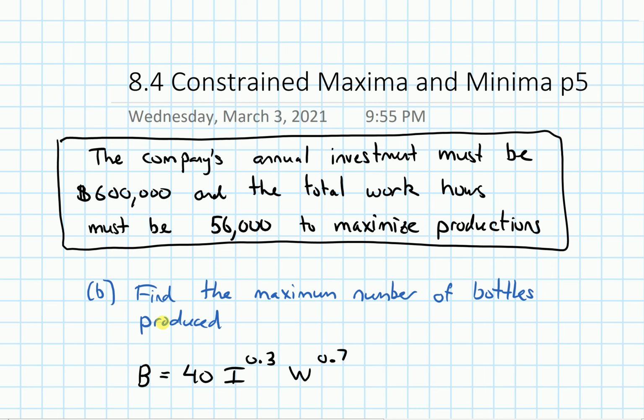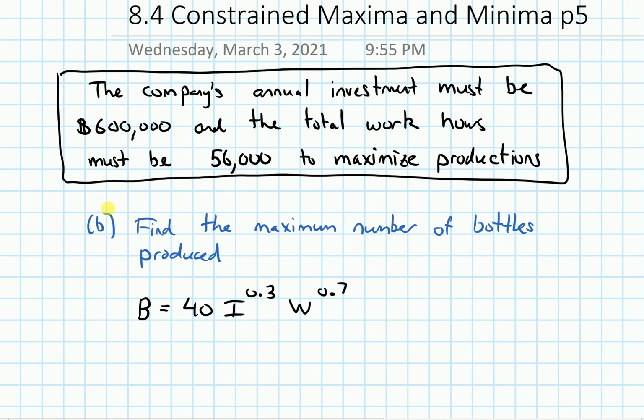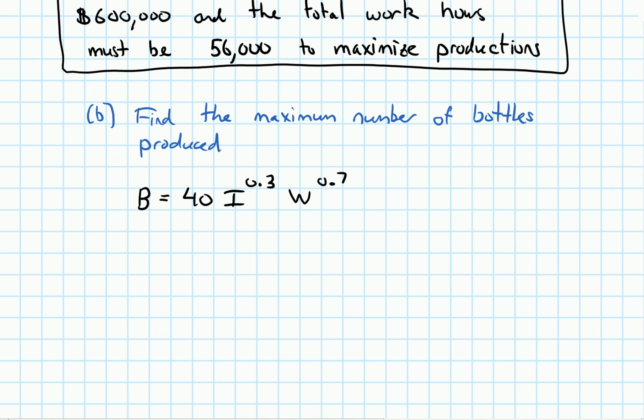So to answer this, I need to remember what that original formula was for my objective. So B is the number of bottles produced. And this, whoops, I think I miscopied one of these variables. I think the number of work hours we were calling H rather than W. So this is H. And now I plug in my values. So we'll get B equals 40 times the value of I was 60, so 60 to the 0.3.